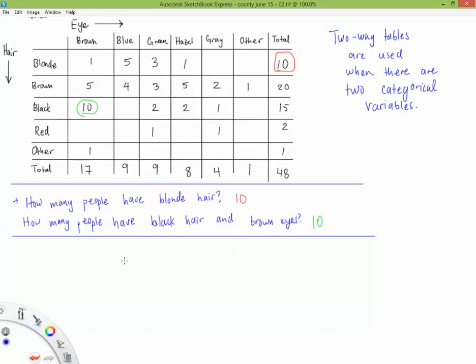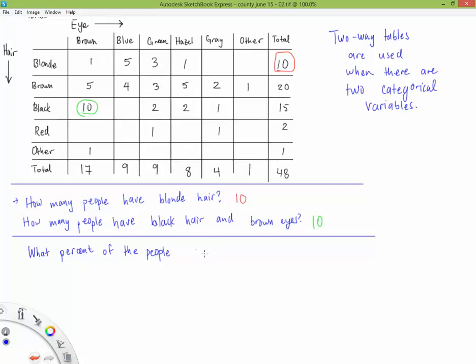Okay, so this is where the questions start getting a little, I guess, trickier or harder. Okay, and here we have to pay more careful attention. Okay, so I can say, what percentage of the people, what percent of the people, I'm going to write 3 questions, okay, that sound similar but are different, and we're going to go through all of them, okay?